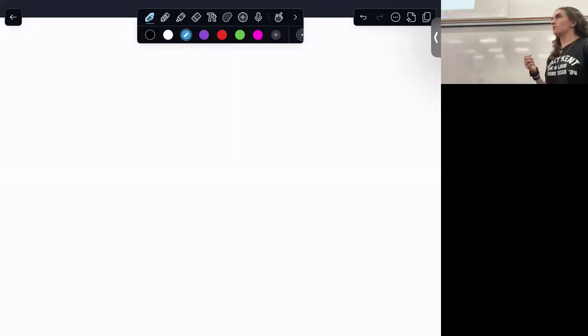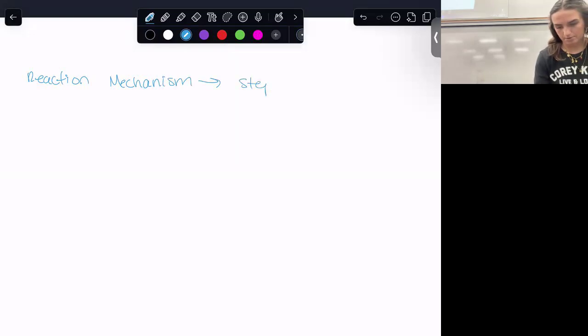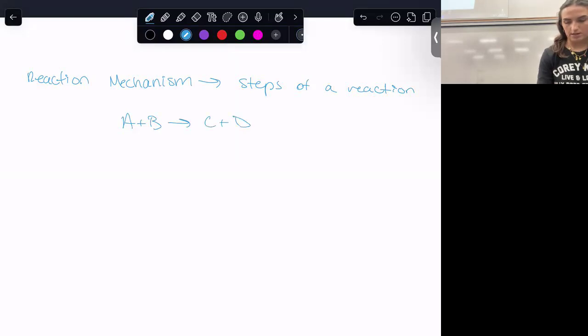Yeah, okay. So when we look at a reaction mechanism, this is going to be the steps of a reaction. When you look at something that says A plus B goes to C plus D, it might just be A and B reacting in order to make C and D. However, that might not be all of the steps that happen. It might have to go through a couple other steps in the process.